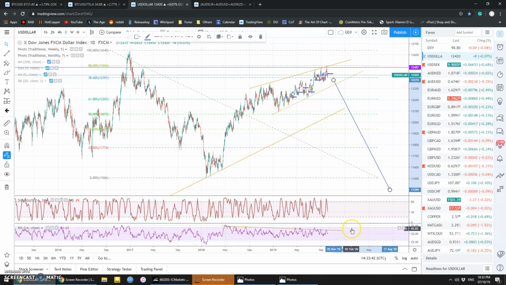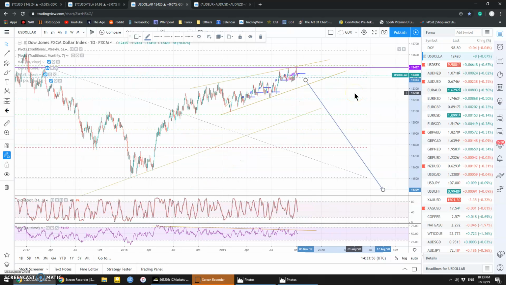We have negative divergence, so we have what's needed to see the turn here. I still feel this is corrective and not a change in trend, just a corrective bounce. So what we need to see is a break of the monthly weekly pivot, confirmation to the downside, and that'll be bullish for gold.